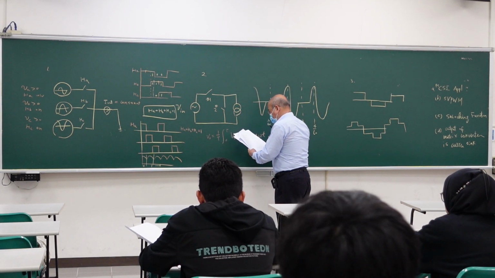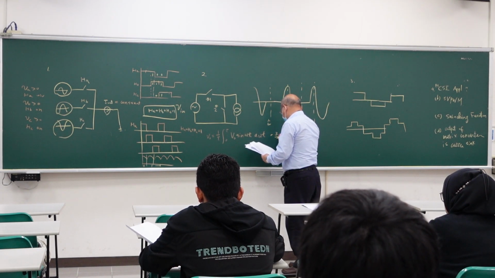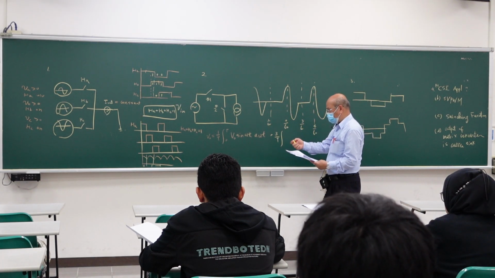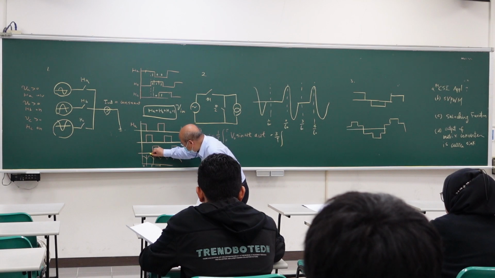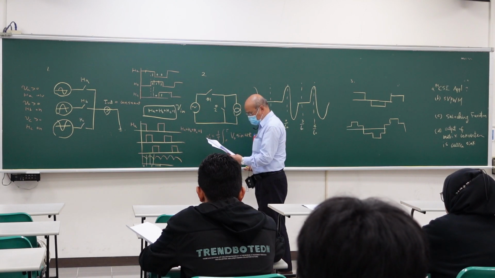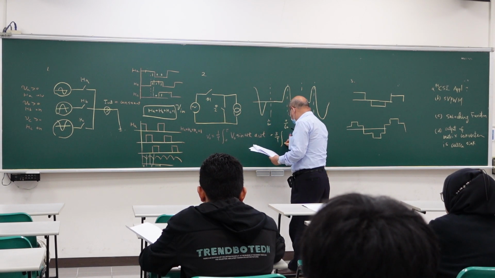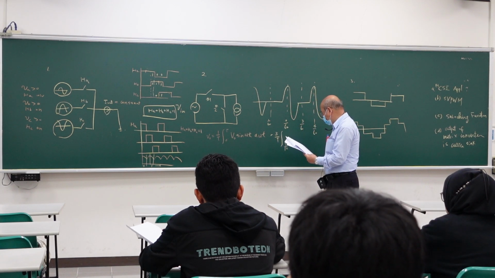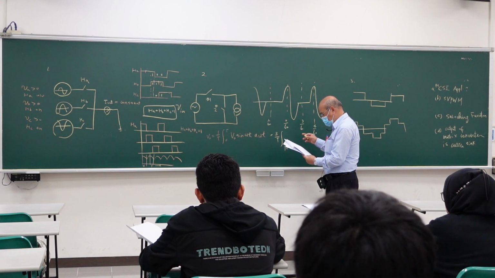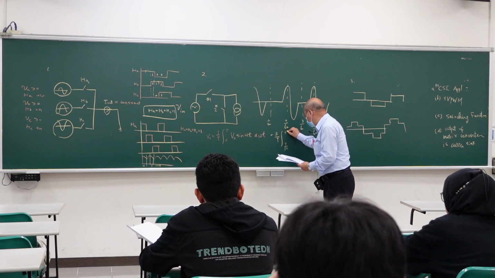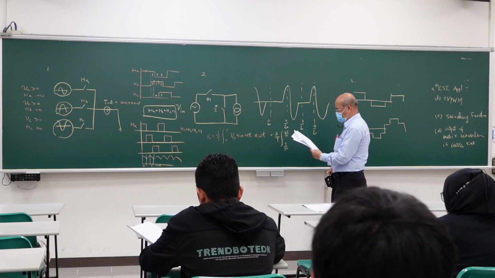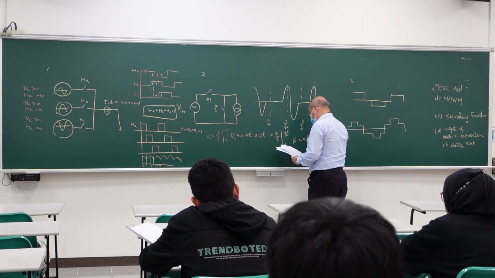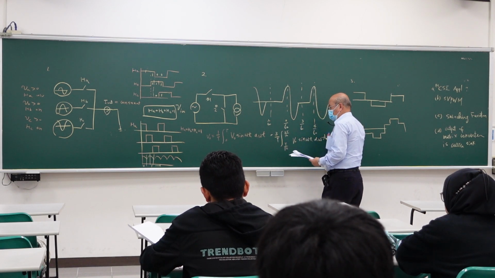So then we can set it as T divided by 3. And we have to integrate with 1/3. But it is symmetrical. So we only integrate from T divided by 12, which means 30 degrees to 150 degrees, of V0 sine omega t, d omega t.